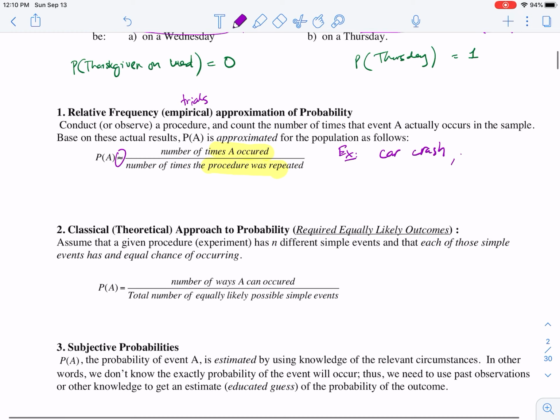Another example would be weather, right? What is the chance of rain on a certain day and things like that. So these are relative frequency, or even just the infection rate of COVID. And that's based on relative frequency.